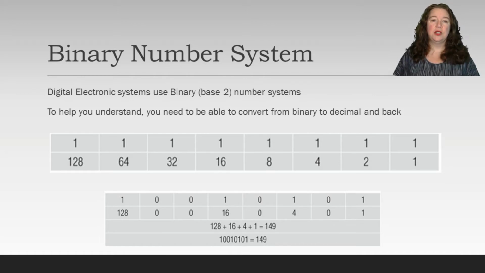In digital electronics, we use binary or base 2. So we start with 1, and then every time we get up to a base 2, we roll it over. So 1, and then 1, 0 would be 2, 1, 1 would be 3, 1, 0, 0 would be 4, 1, 0, 1 would be 5, and so on and so forth.